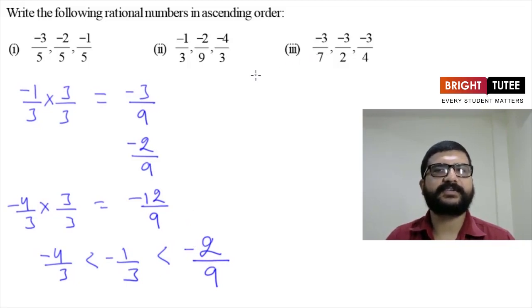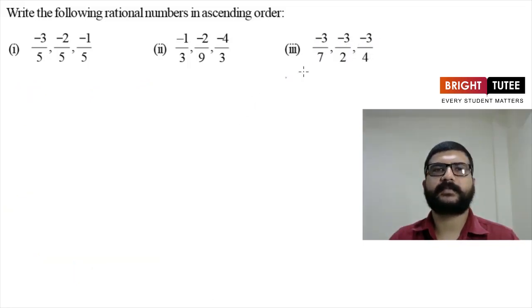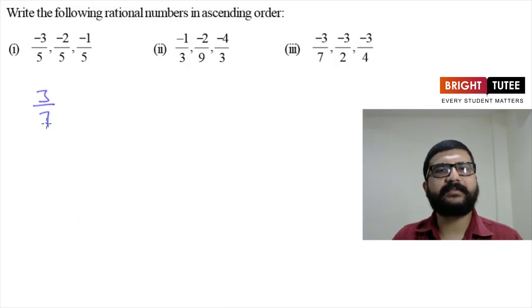Now the last part of this question is minus 3 upon 7, minus 3 upon 2, minus 3 upon 4. So first of all, let's ignore this negative sign. Let's compare 3 upon 7, 3 upon 2 and 3 upon 4. Now here, as we can see, numerators are same.